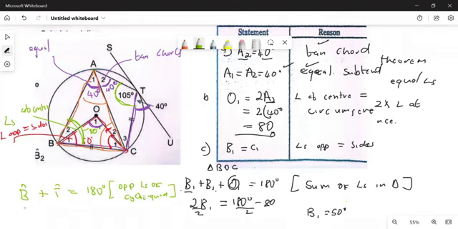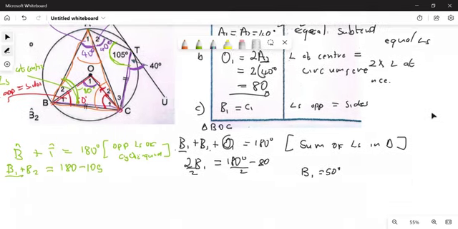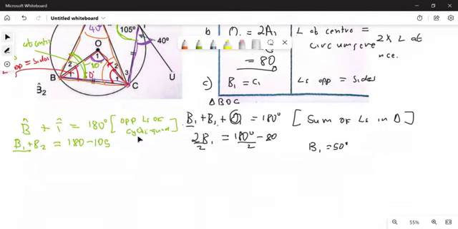And then from here onwards, we know that B is B1 and B2. So we'll say here we have B1 plus B2, which is going to be equal to 180 degrees minus 105. But we know what is B1, remember again. It's 50 degrees.